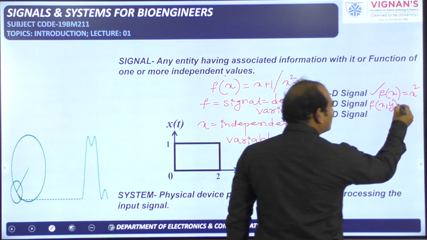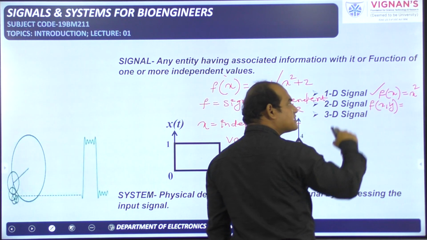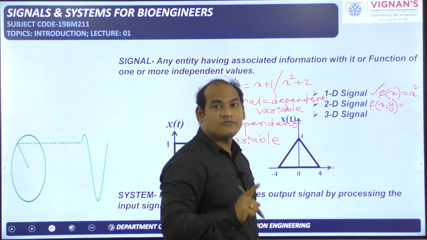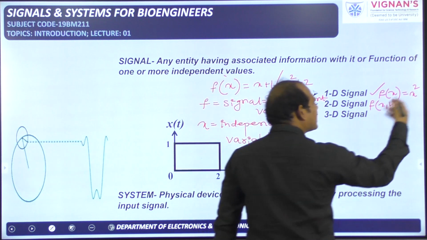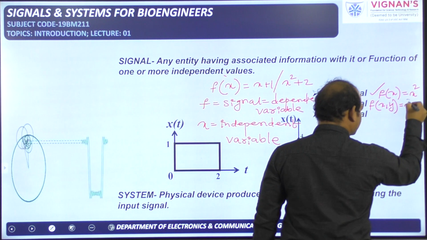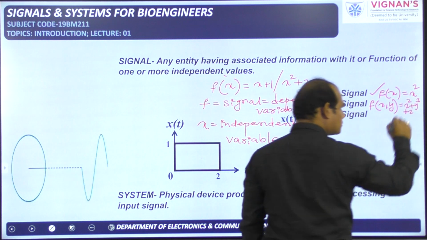So I should give the equation for f of x comma y in terms of x and y. The relation can be anything, but it should involve the two variables x and y, like x square plus y cube, or plus 2.